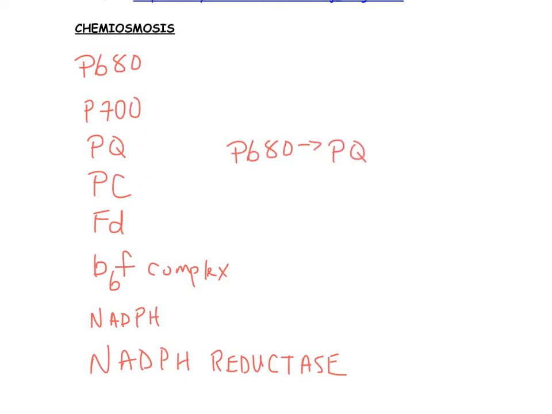So once the electron from P680 has gone to PQ, it then gets transferred to our protein complex. This is the B6F complex. So that's going to come next.